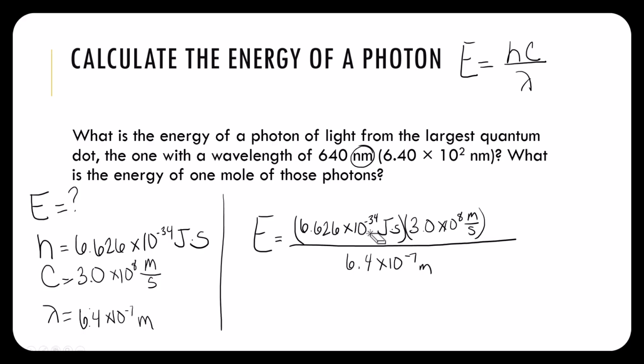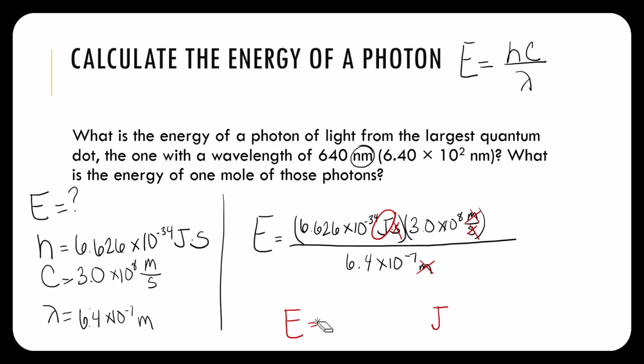Here's why it's important that our units are the same, because some are starting to cancel out. I've got seconds on the bottom of a fraction, seconds on the top, so those cancel. I've got meters on top and meters on the bottom. Those cancel. The only unit that's left in this problem is joules, which is good news because that is the unit for energy.